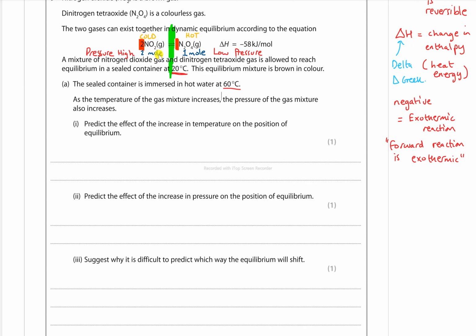So the equilibrium is going to go left. It'll be more going in that direction. The equilibrium shifts to the left.